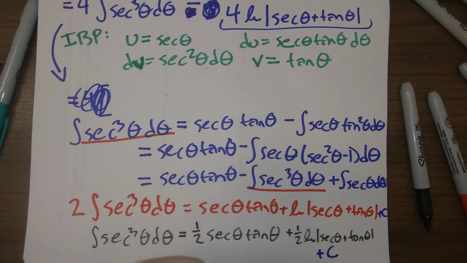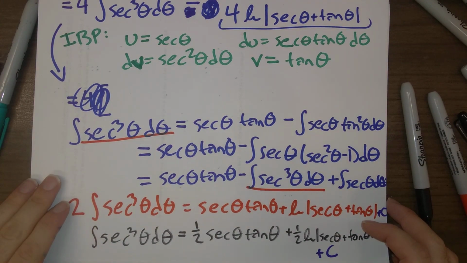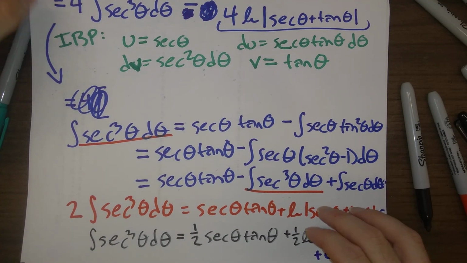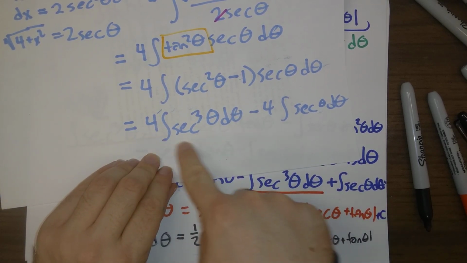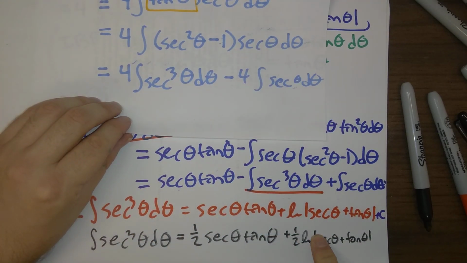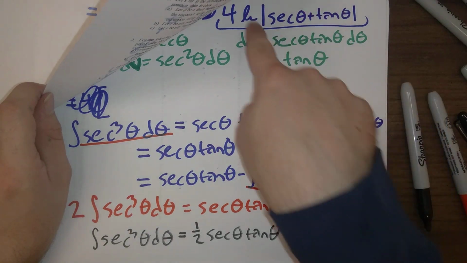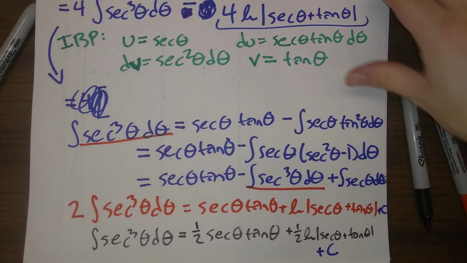Okay, so now it's time for us to pull all of the pieces together. So our original integral that we came up with was 4 times this integral minus 4 times that integral right there.